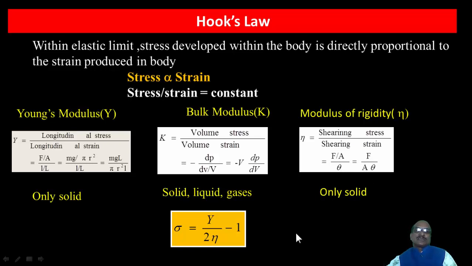So these three constants are called the elastic constants of the material of a body. And these three constants Y, K, eta are related by this relation: sigma is equal to Y upon 2 eta minus 1, where sigma is called the Poisson's ratio of the material.